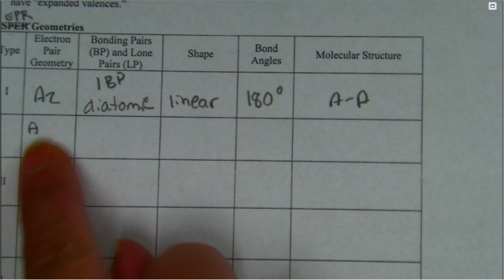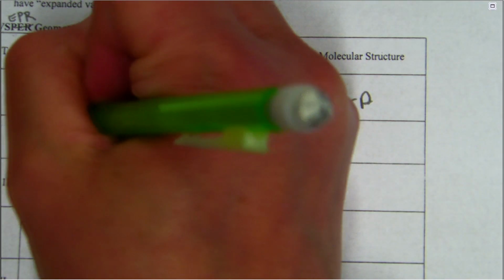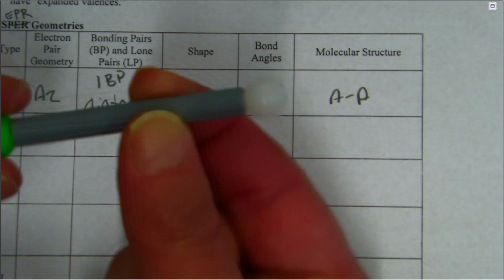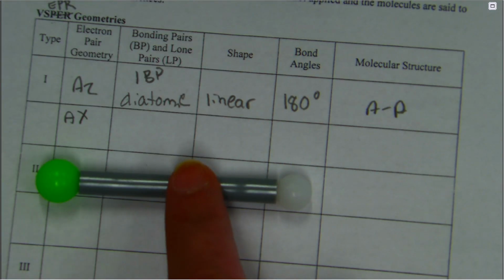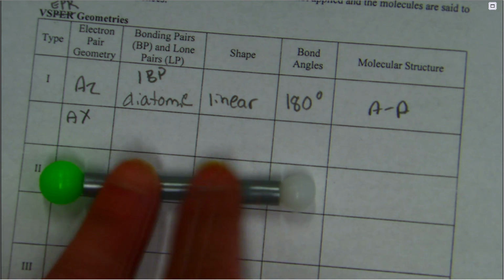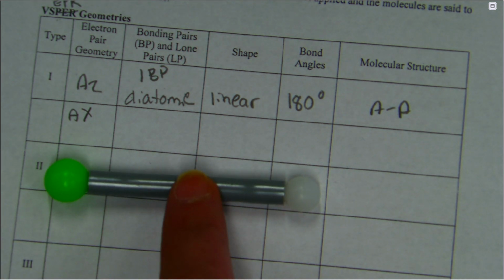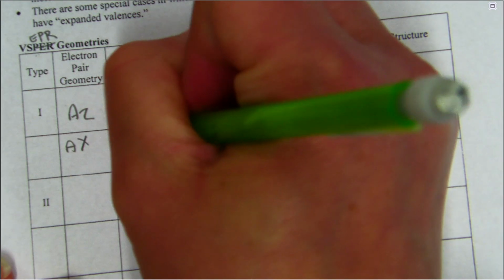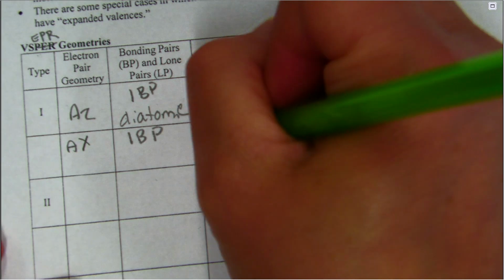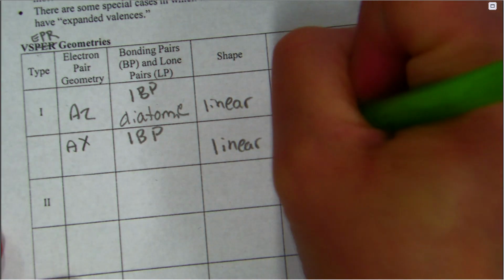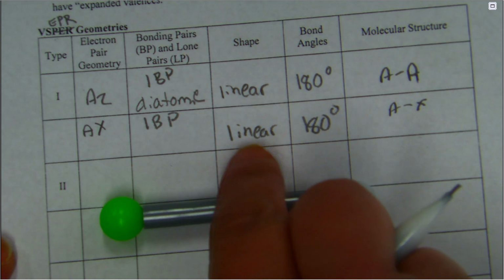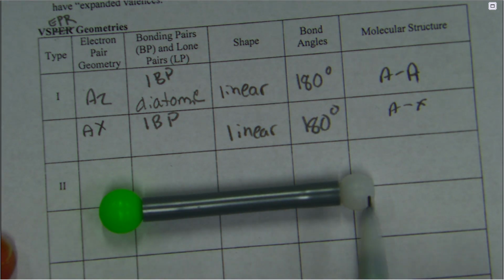Since there's no longer two of the same, I'm just going to use X. So in this case, AX has one bonding pair still, and a bonding pair is the bond that's holding the two atoms together. It is still linear with a 180-degree angle, and is going to look something like this, AX, which I have here on my model.